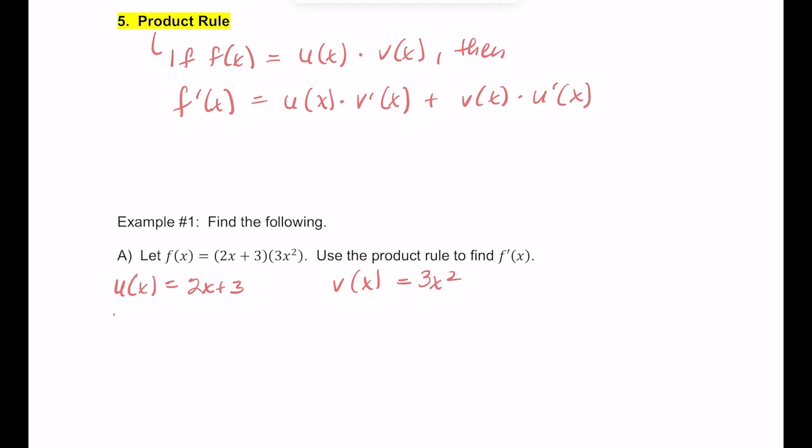So I need to find u prime and v prime. The derivative of u of x, if you'll remember the power rule in the last lesson, would just be 2. And the derivative of v of x would just be 6x.